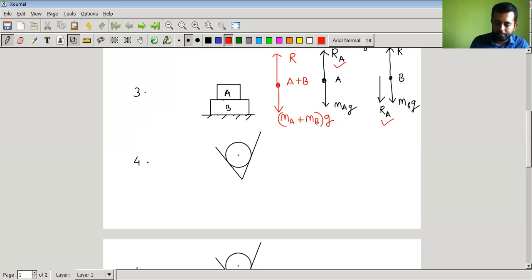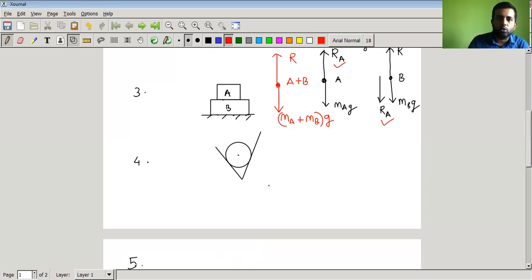Now moving on. In example 4, you see a spherical ball resting in a groove. Now what are the forces acting on it? To remind you two important things, gravitational force acts perpendicular to the surface of the earth and contact force acts perpendicular to the surface.